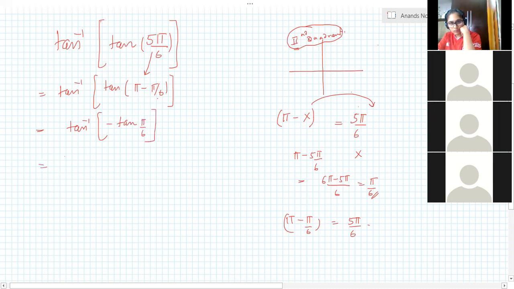Then we use the identity tan inverse of minus tan theta is minus theta, so minus pi by 6. And we quickly check minus pi by 6 belongs to the interval minus pi by 2 to pi by 2. So this angle which we are getting is good.